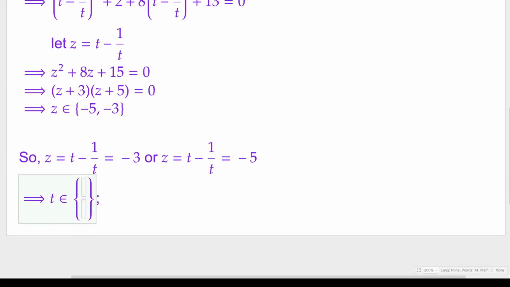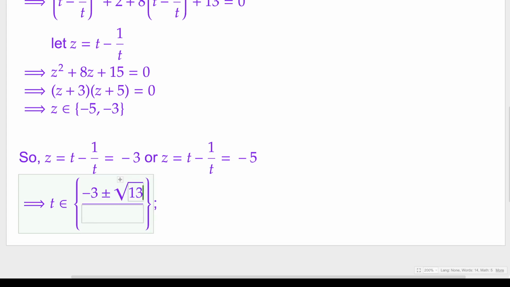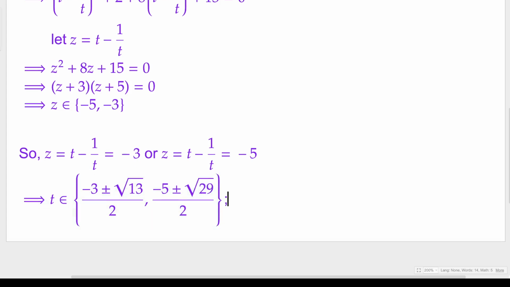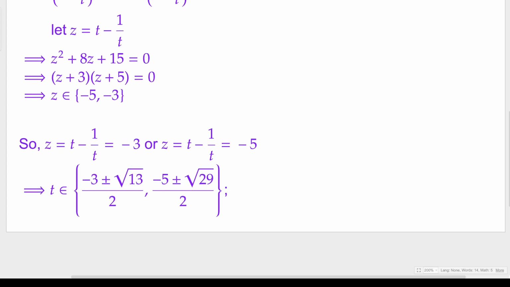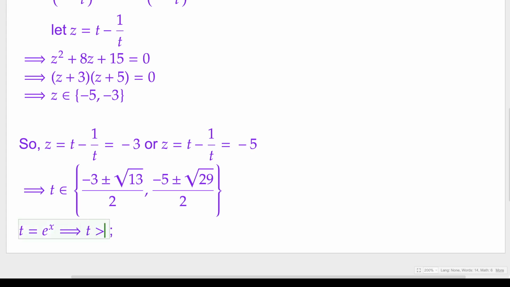For the first one, this will be minus 3, positive and negative both, square root of 13 over 2. And in the next one, this will be negative 5, positive and negative both, square root of 29 over 2. So these are the four roots. Here it is given that t is equal to e to the power x, so t has to be greater than 0.